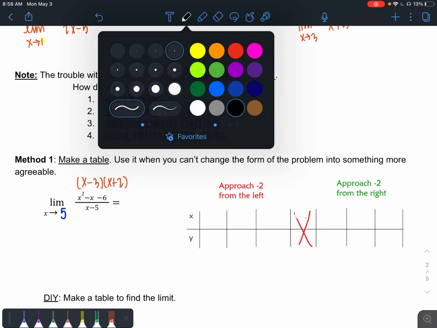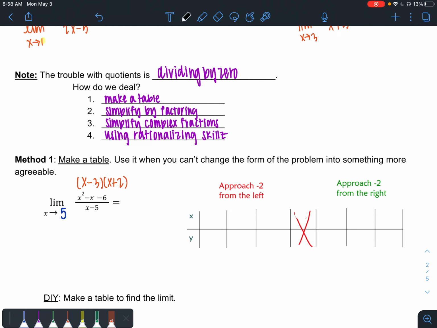So then let's go ahead and make a table. In the table, I'm going to have 5 in the middle, but that number doesn't work because it's undefined right there, because I can't get 0 in my denominator. So I'm going to put numbers that are really close to 5. 4.999 is close. Then I'm going to go 1 less than that, and then 1 less than that. So we're really getting super close.